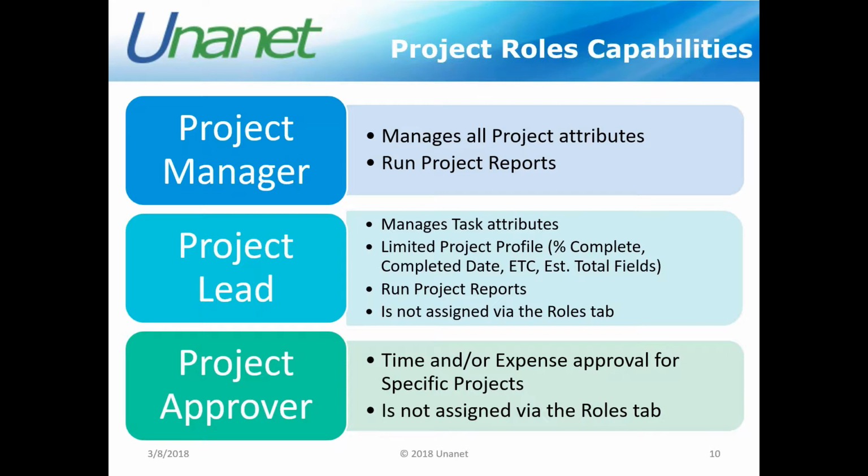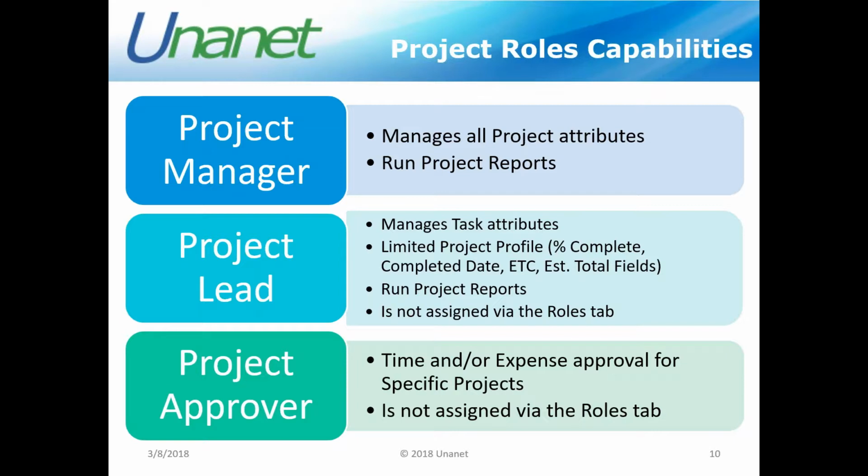But for this role, as well as the project approver, there is something very different about both of these roles from any of the others. You cannot select these roles on the Roles tab of the person profile. You actually would have to go into the project itself under Project Administrators and designate a person there as being a project lead.